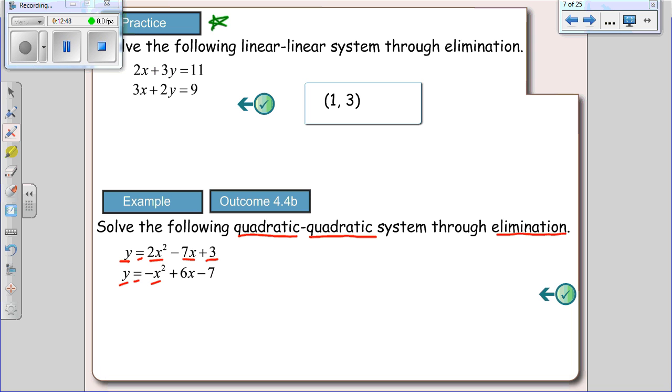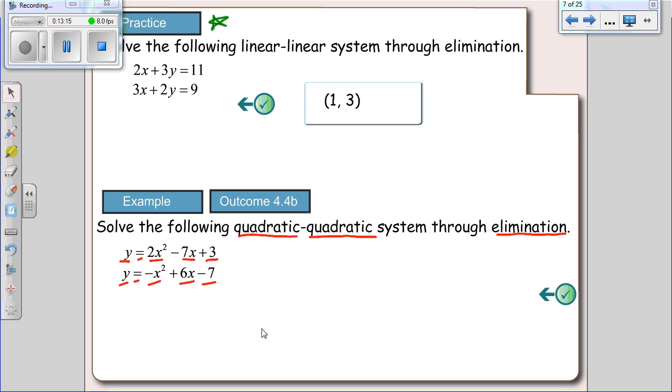Excellent. Now we have to decide if we want to try to eliminate our y's or our x's. In quadratic systems, it's almost always easier to get rid of the y term. My reasoning being, if I tried to get rid of my x's, I have to get rid of all my x's.